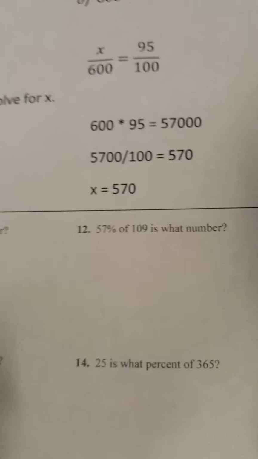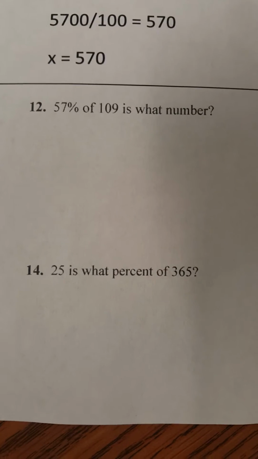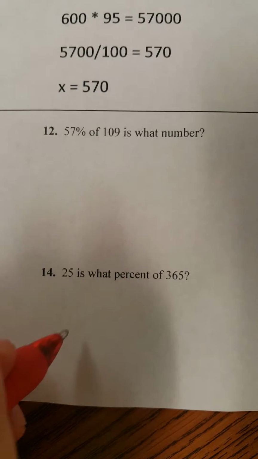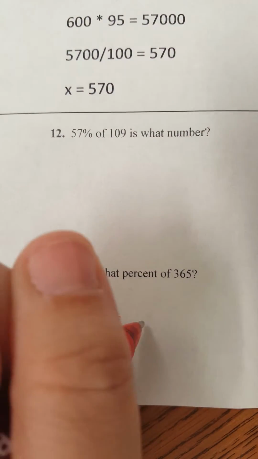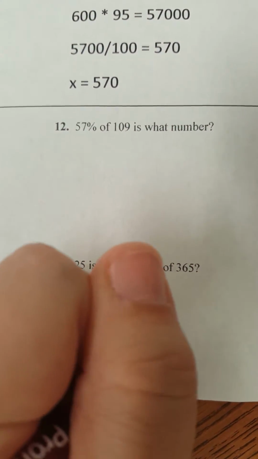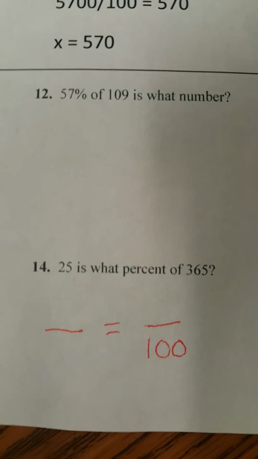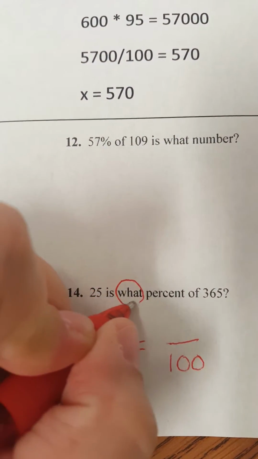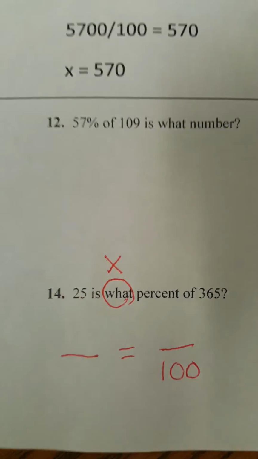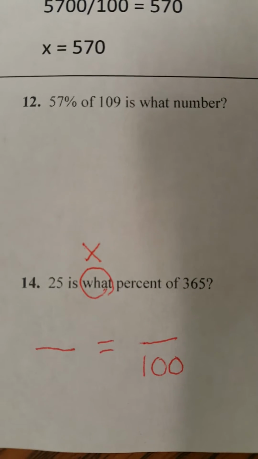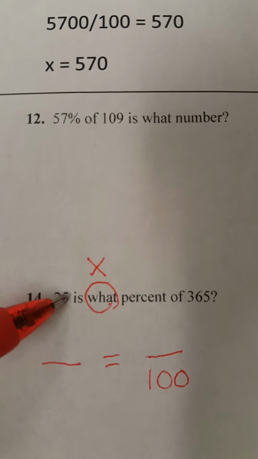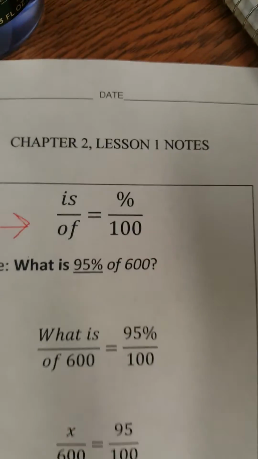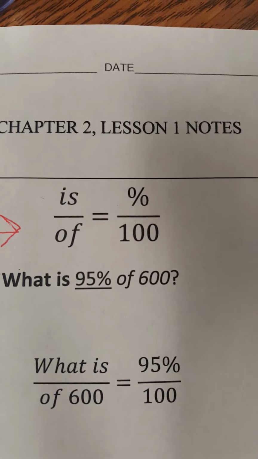All right, let's do one more example, and we're going to do 25 is what percent of 365? So once again, I want to set up my proportion. So fraction bar equals fraction bar over 100. Look for the word what, because that's going to tell you where your variable goes. Now, this problem has two words from my formula, is and percent.